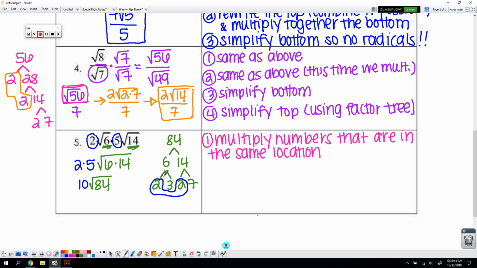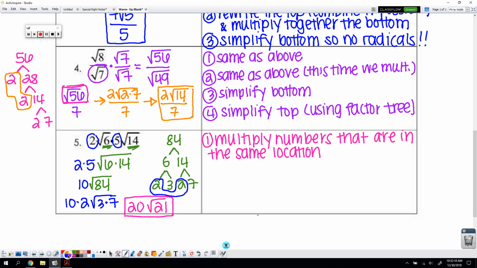So if you have a number on the outside already, and you've got numbers joining it, you'll always multiply them. So it'll go 10, the 2's come out, and then the only things left are 3 and 7 on the inside. Okay, so final answer is going to be 20 radical 21. And that's all.